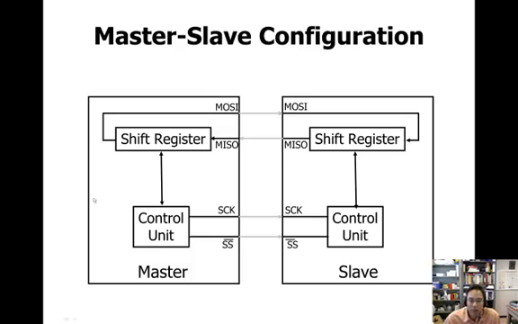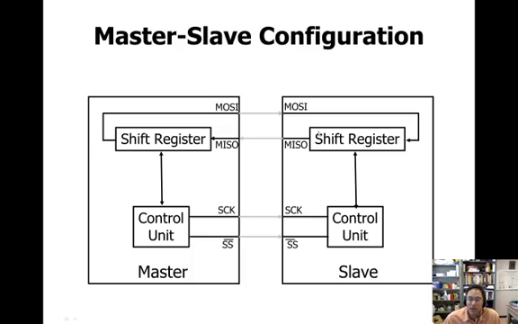So quite simply, if you had a master and a slave like this, here's the master, and the master is going to generate the clocks, and it's also going to assert the slave selects. When the slave select goes low, a clock will be generated, and at the same time, the master can put data into a shift register, and 1 bit of this data word or data byte could be shifted out at a time.